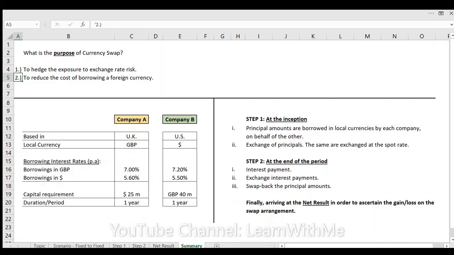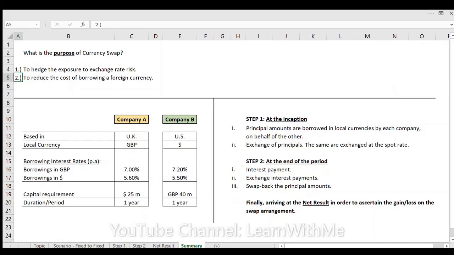At the inception, each of these companies borrow the principal amount in local currencies on behalf of the other. And then next they exchange these principals. The principal is exchanged at the prevailing spot rate. In step 2, which is at the end of the period, the interest obligations are paid to the respective banks, to the respective lenders, and then these commitments are again exchanged.